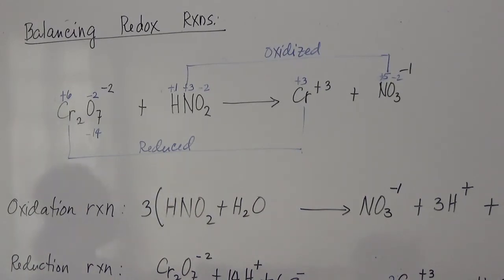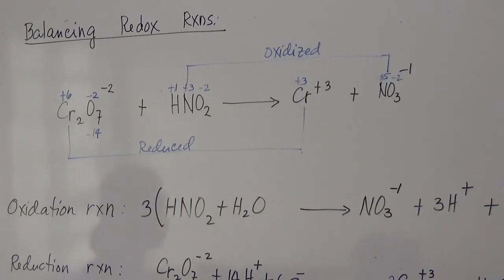Before you get the net equation, see to it that the number of electrons in the two half reactions are the same. If they are not, you have to find ways to make them equal by multiplying a certain number on either of the two equations or both half reactions. Once you have that, then get the net equation.